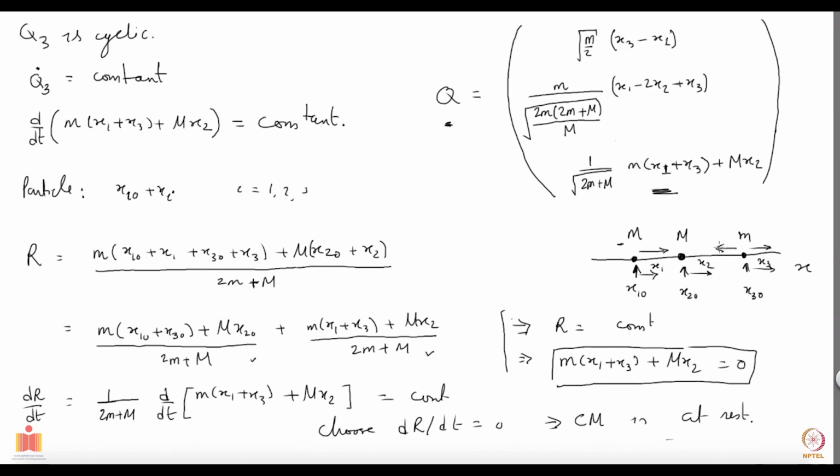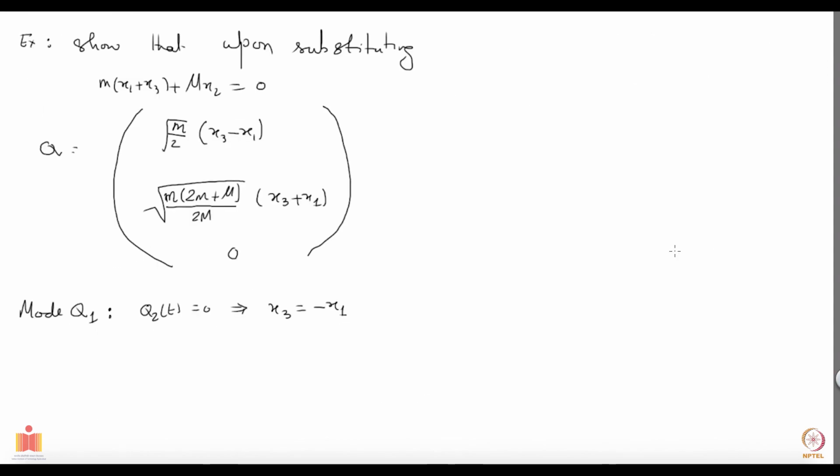So in this mode, this mass stays put and these two masses oscillate in a very symmetric manner. If this is going out, that is going out. If this is coming inside, that is coming inside. So that oscillation is a symmetric oscillation.